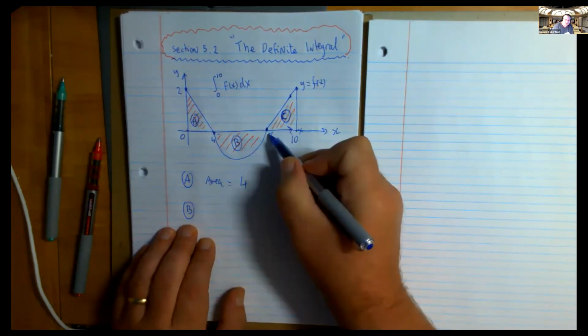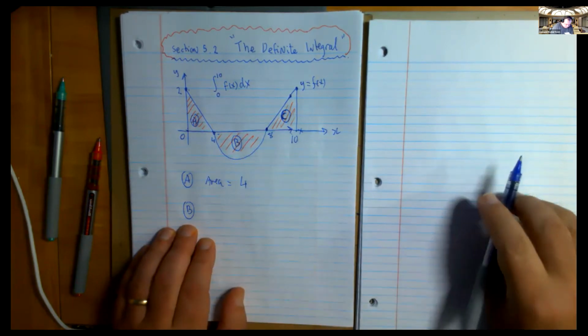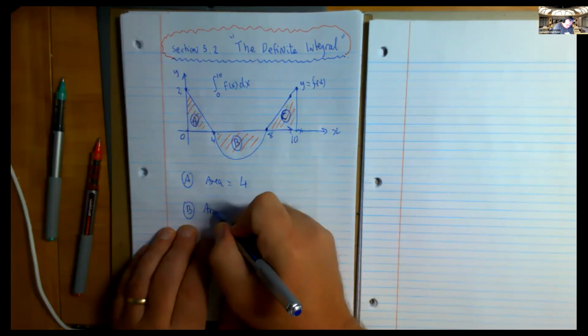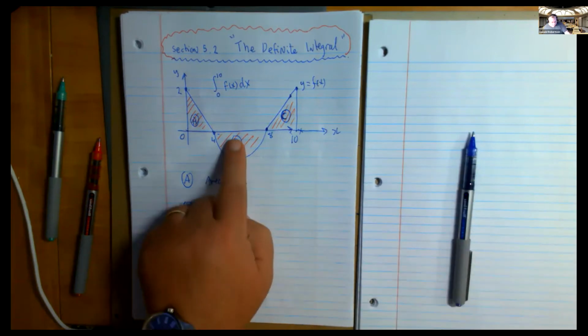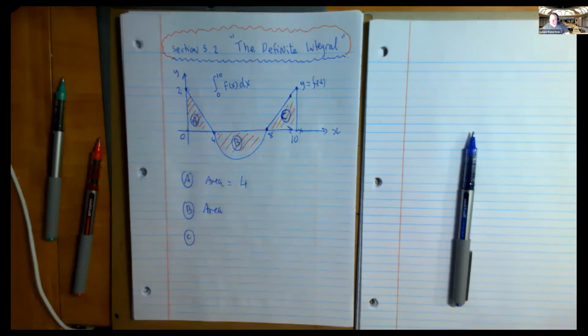This here is a circle, or I should say half a circle. If you want to get the area of B, don't we need to know what the radius of the circle is first? Okay, looking at that picture, should be pretty obvious, but just tell me what it is anyway. What is the radius of that circle? 2. Yeah.